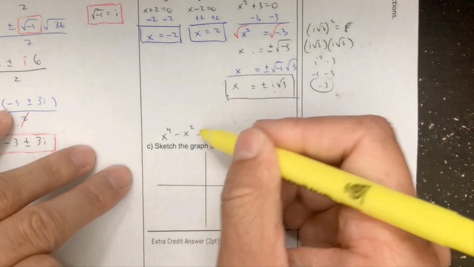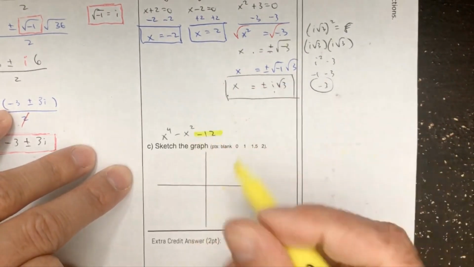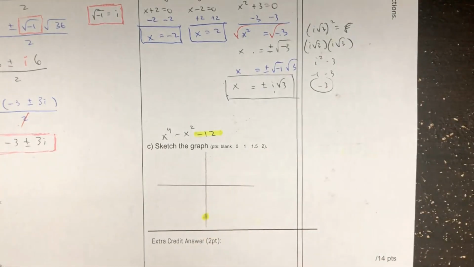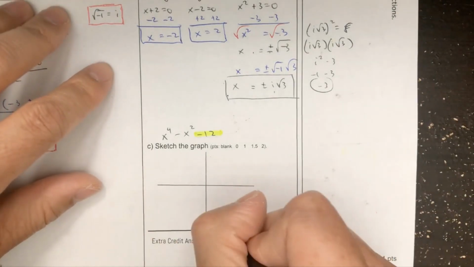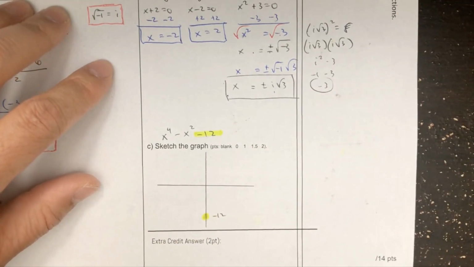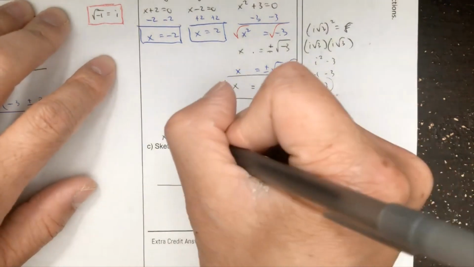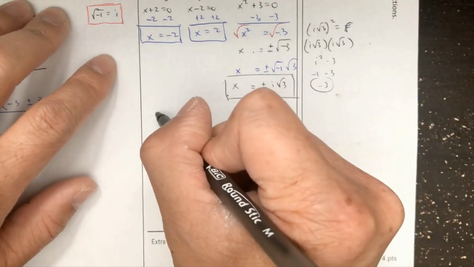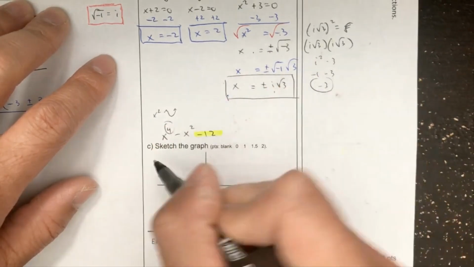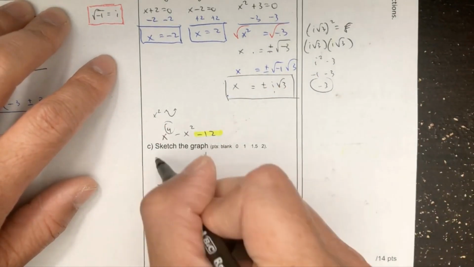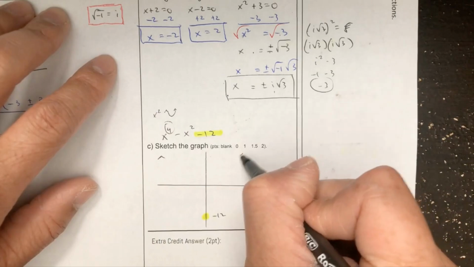Alright, so -12 is my y-intercept. Let's write -12. And it's to the power of 4, so it's an even degree, like a quadratic. Starts up, ends up. The leading coefficient is positive, so your arrows stay that way.